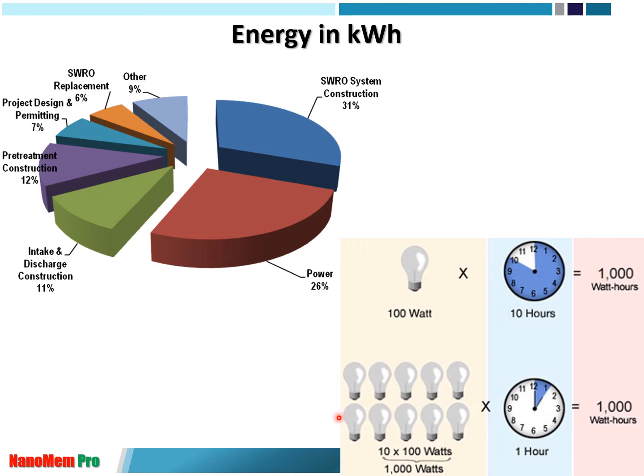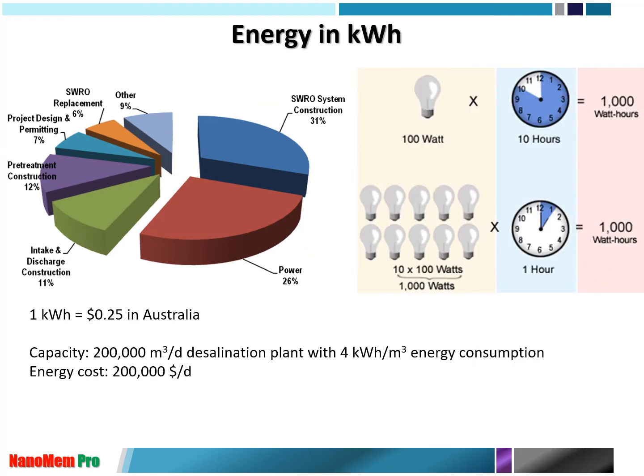In other words, you have 10 light bulbs for 1 hour, which means 10 times 100 watts, 1000 watts for 1 hour, is around 1 kilowatt hour, which is very energy intensive when you consider 4 kilowatt hour per cubic meter for desalination, which means you can operate 40 light bulbs of 100 watts for 1 hour when you produce 1 cubic meter of desalinated water from seawater.